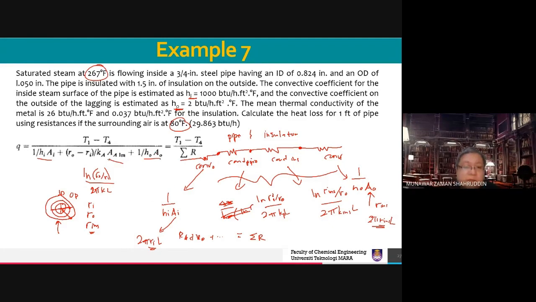Maksudnya dia daripada dalam dia pergi keluar. Okay, daripada dalam dia pergi keluar lah. Maksudnya the temperature on the higher side is inside the tube, the cylinder. Okay, while outside ni is 80. Inside ni 267. So it is outward lah. Dia pergi keluar lah. Dia punya direction dia.